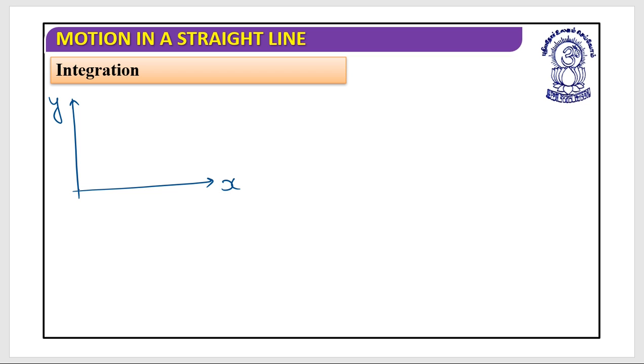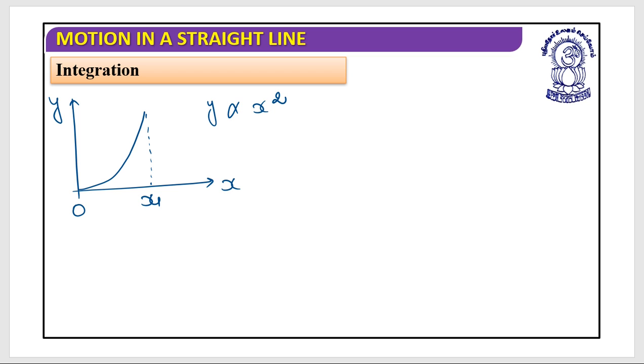Let's say this is y, this is x, and suppose this is the situation, the function y directly proportional to x square. In the classes on graphs, you know this. Suppose we want to find this area.